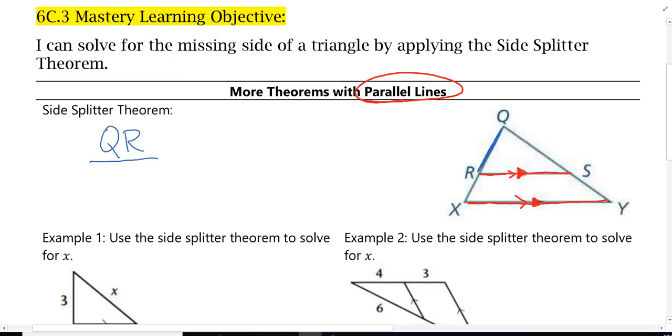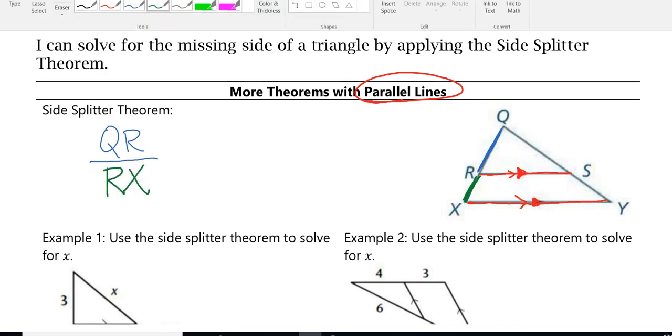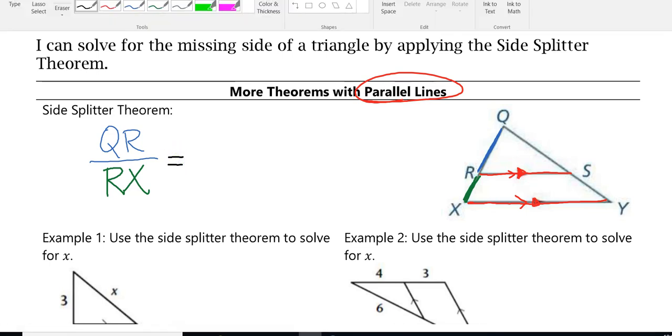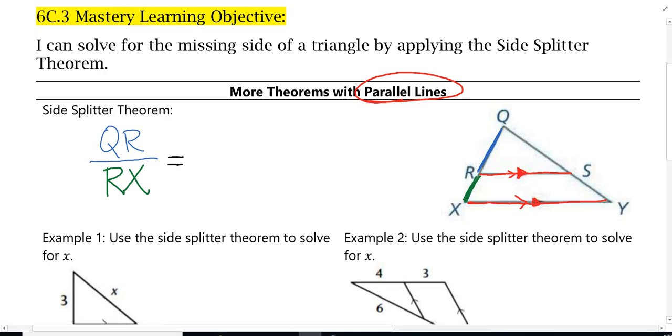So setting up the proportion of whatever length that is going to be over that green segment there, which would be RX. This is then going to be equivalent to that same small triangle.